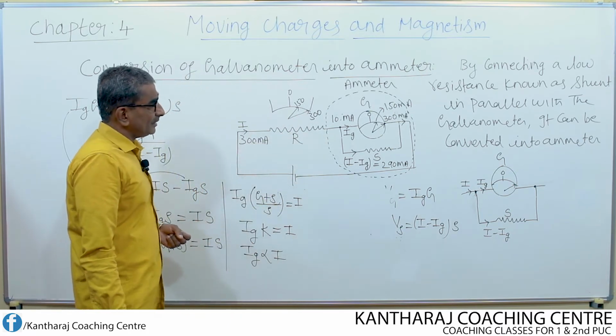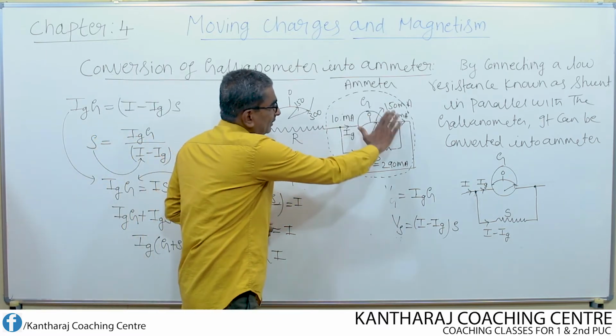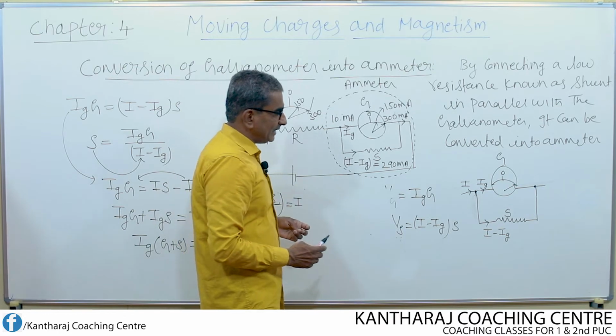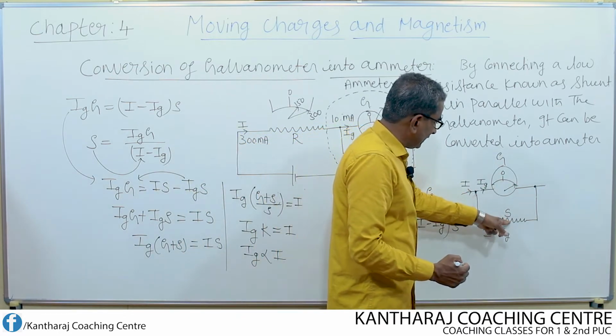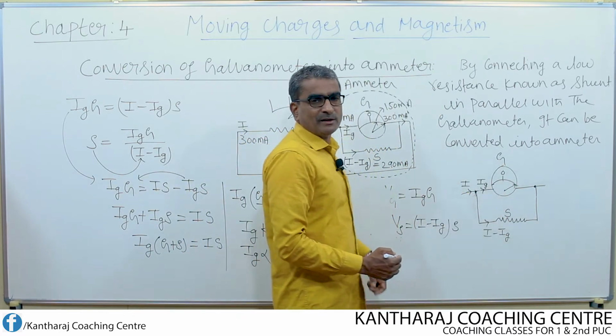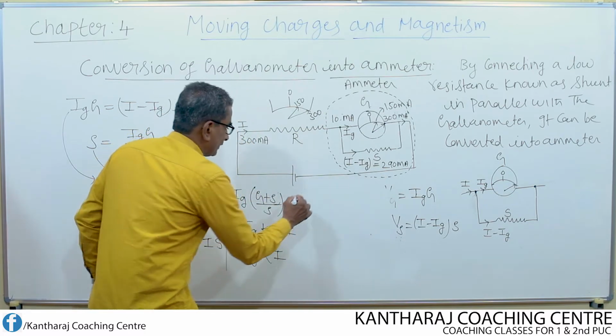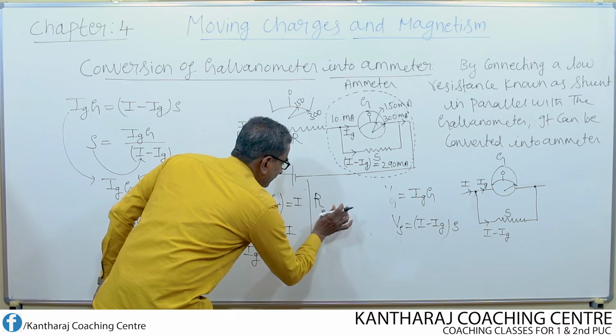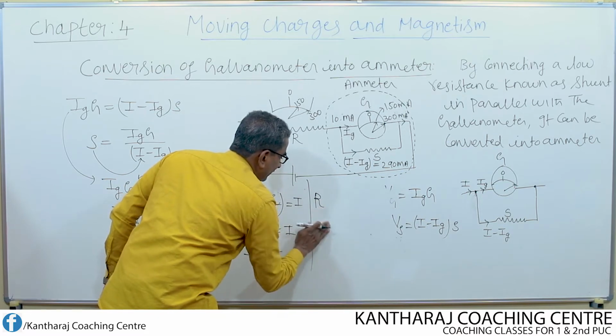Then what is the effective resistance of this ammeter? Here the galvanometer and shunt are parallel to each other. For a parallel combination, the effective resistance of the ammeter, or you can write this as RA.